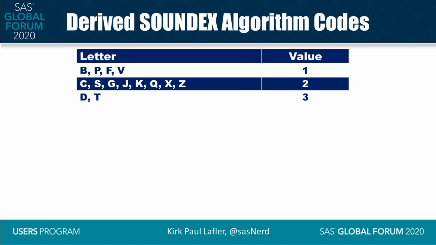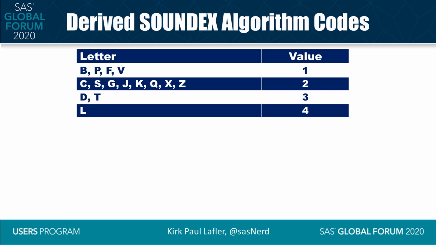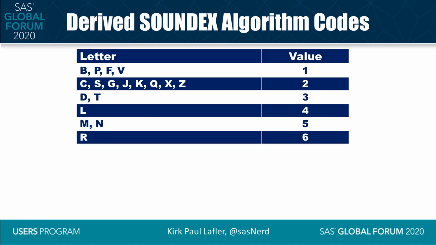The letters D and T receive a value of 3. The letter L, when encountered, receives a value of 4. The letters M and N receive a value of 5. And the letter R receives a value of 6.